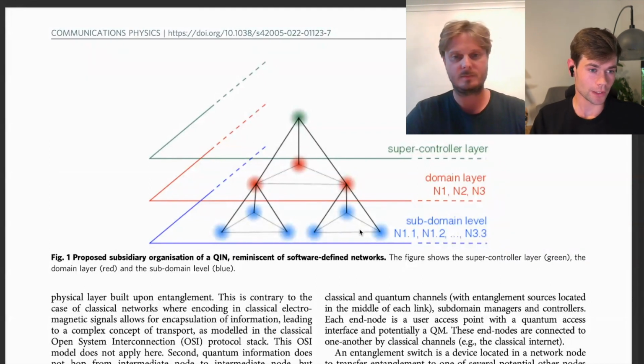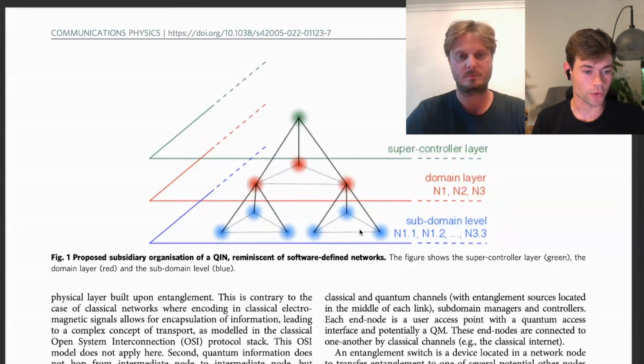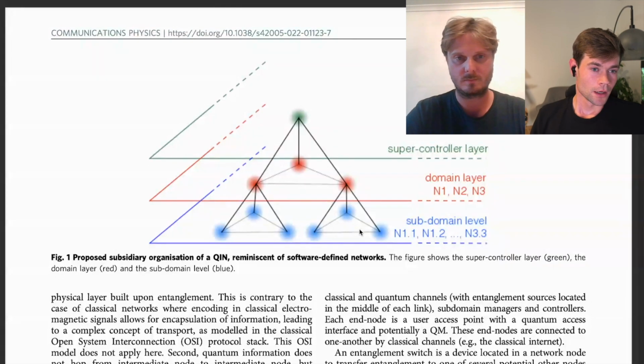What I'm asking, so let's stick to the picture of the blue subdomain levels being corresponding to a nation, let's say, or a country. Is there a preference in the physical implementations of these kinds of systems? Like, let's take current satellite architectures, for example, and the way those are managed by countries. Do countries generally have satellites associated with them?